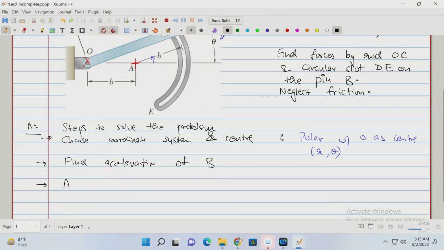and once you have the acceleration of B, we apply Newton's second law. On the point mass B, the vector sum of forces acting on B is mass times acceleration of B. That will require me to draw a free body diagram.